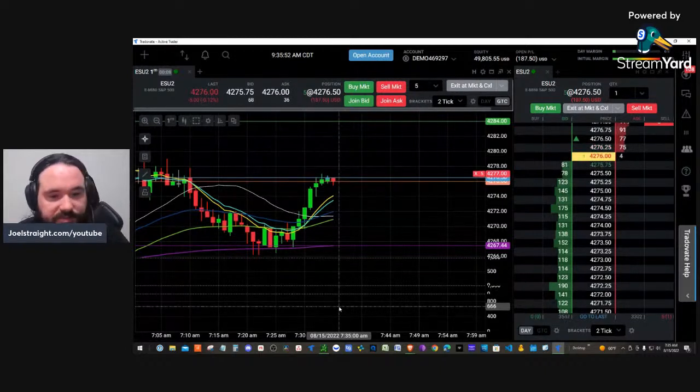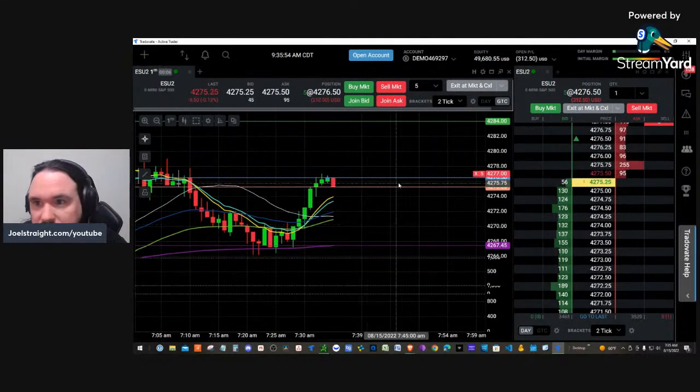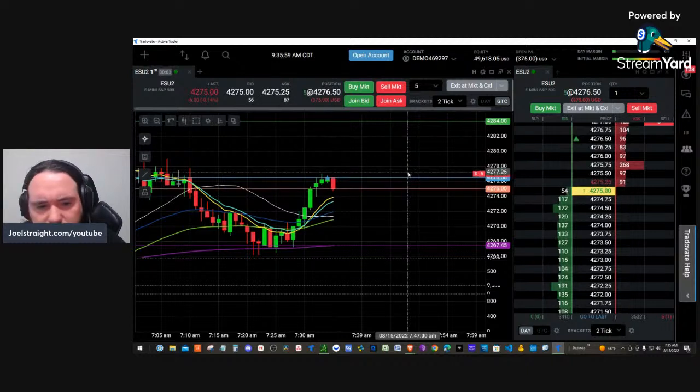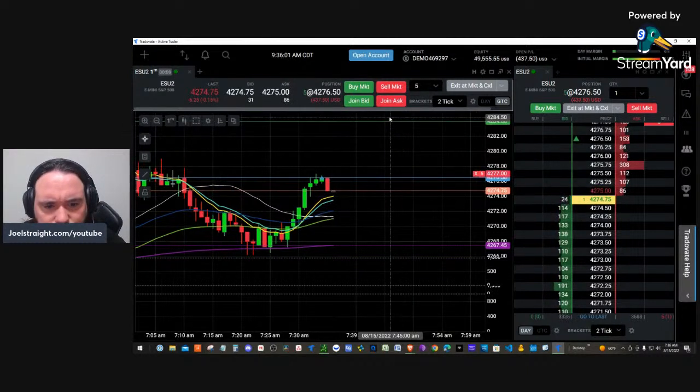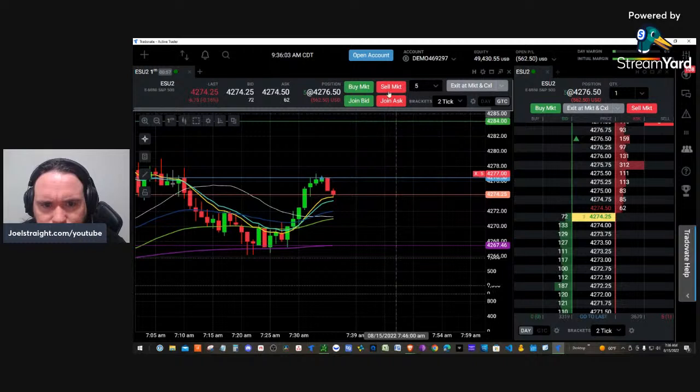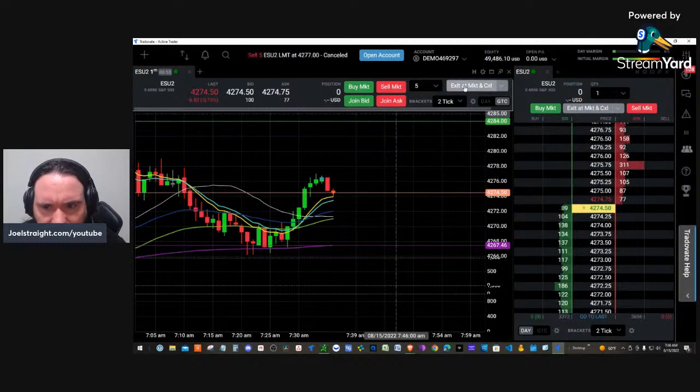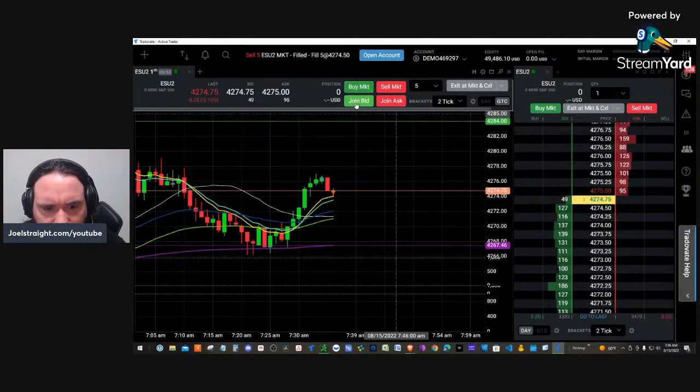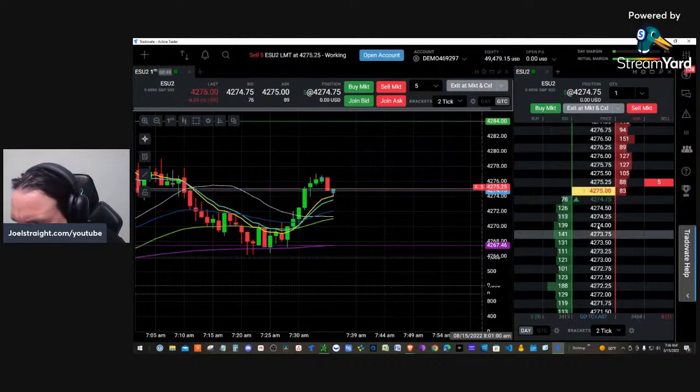Man, this candle feels like so long. It's definitely pulling back a little bit, like way too much. Gotta flat that. Order filled. Kind of a larger L on that one. Order filled.